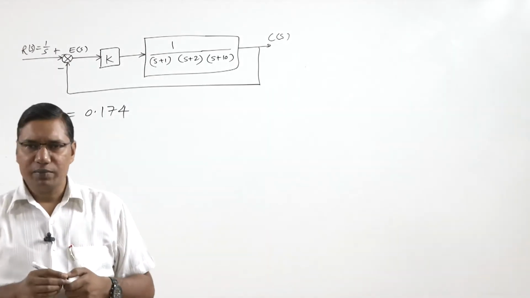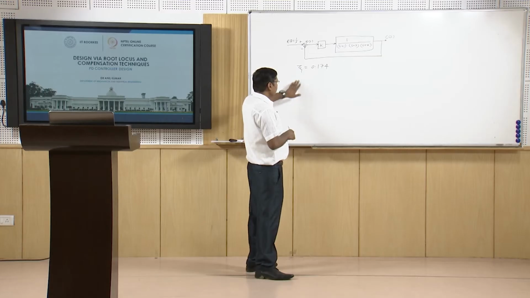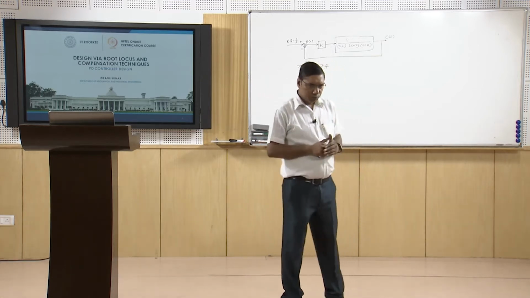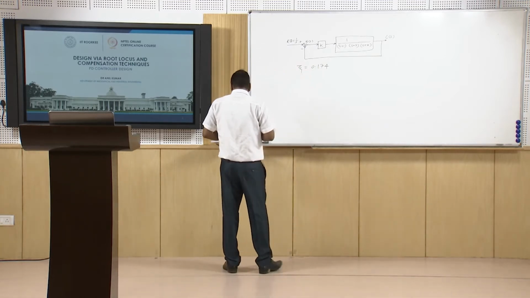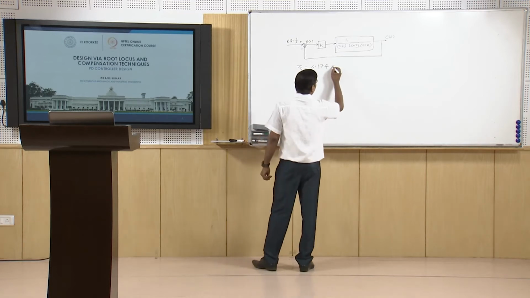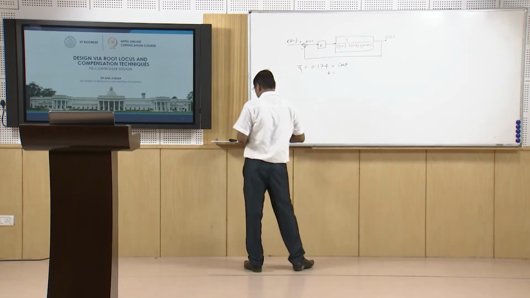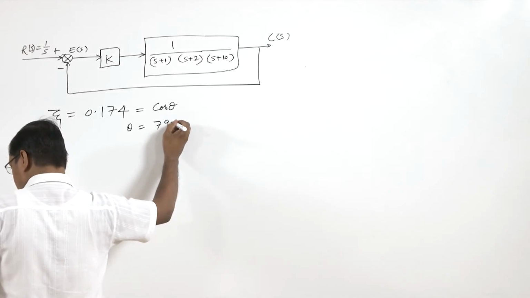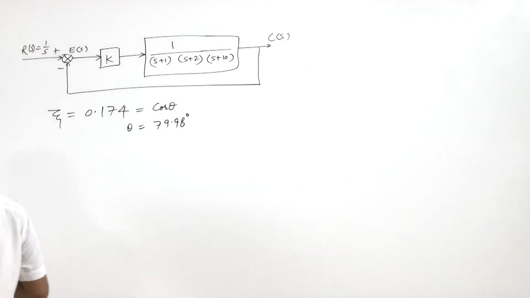So we want the system designed for steady state while retaining the transient response corresponding to damping equal to 0.174. We know that cos theta equals the damping, so theta equals cos inverse 0.174.